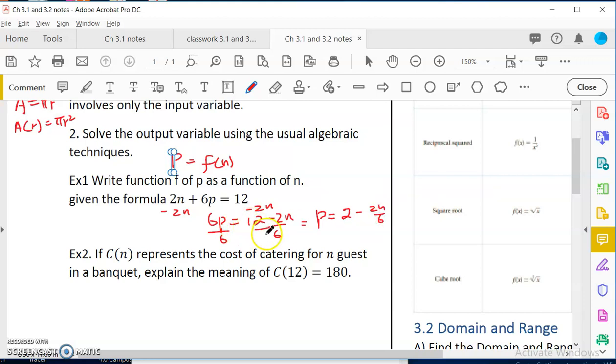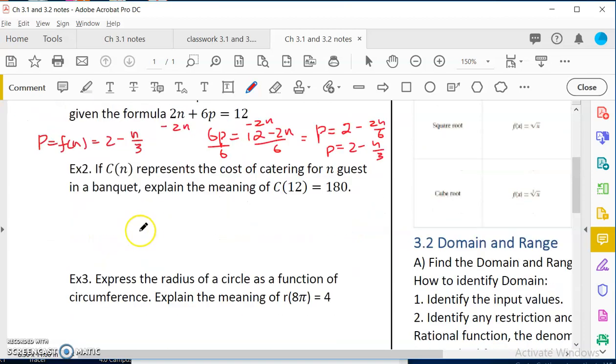So that means I divided by 6 on both sides, so it is 2 minus n over 3. So this is the formula, but if I want to write it as a function, then I will say p is equal to f of n equal to 2 minus n over 3. Okay, like that. It's a function of n.